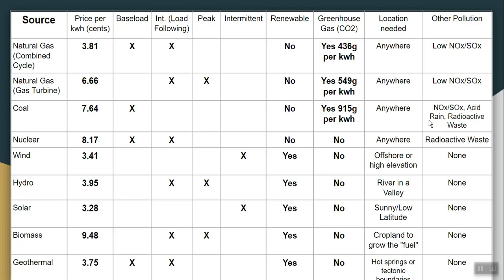So really the only byproduct of nuclear power is radioactive waste. Okay, there's nothing that goes up into the air, but you do have these radioactive elements that currently are just being stored. Okay? And there used to be a plan to actually bury them 10,000 feet below the surface in a place called Yucca Mountain.